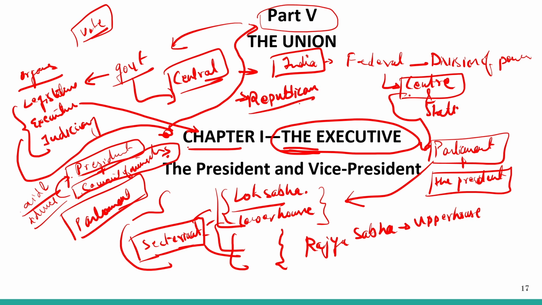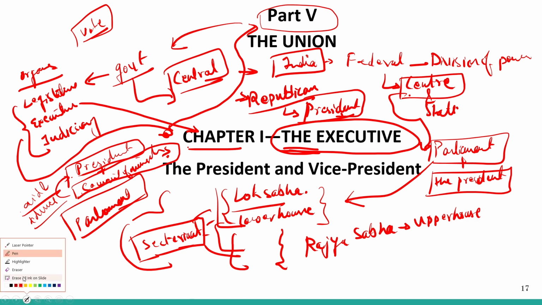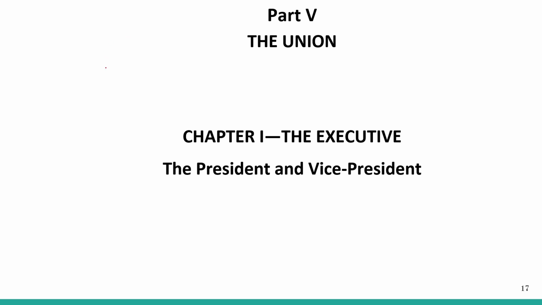When we talk about a republican form of government, the president is considered to be the nominal head, meaning the president doesn't have extraordinary powers. It is only through the aid and advice of his council of ministers that the president is going to work.